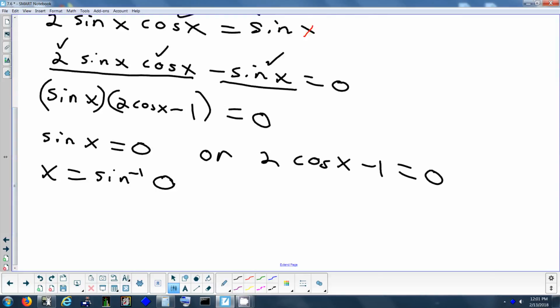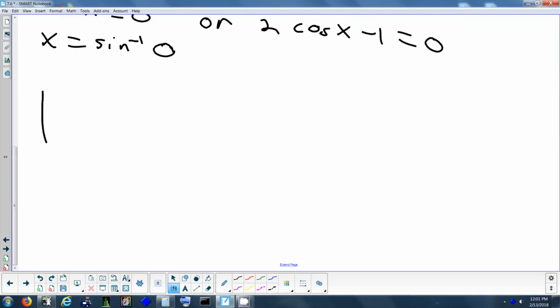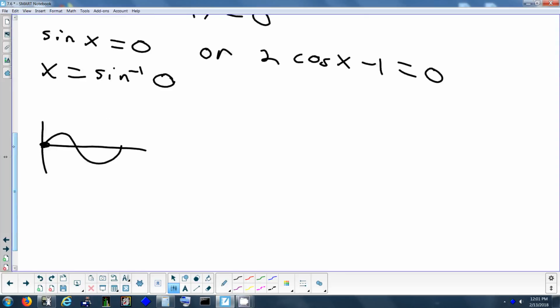Now, don't even use a calculator, just keep it simple. Where does the graph hit 0? 0. And what about right here? That's halfway through the cycle. 2 pi would be the end of the cycle, which is a repeat of 0. So we don't need this one. We need this one. Pi.